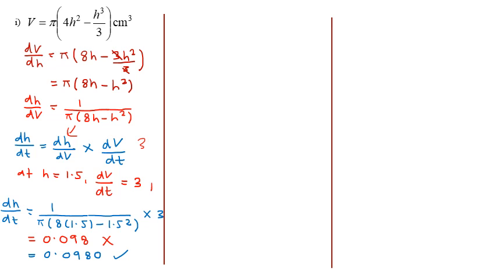However, this is only two significant figures. Since our final answer needs to be in 3 significant figures, you have to put 0 at the back, so that the final answer would be in 3 significant figures. Okay, so take note about that for dh/dt.